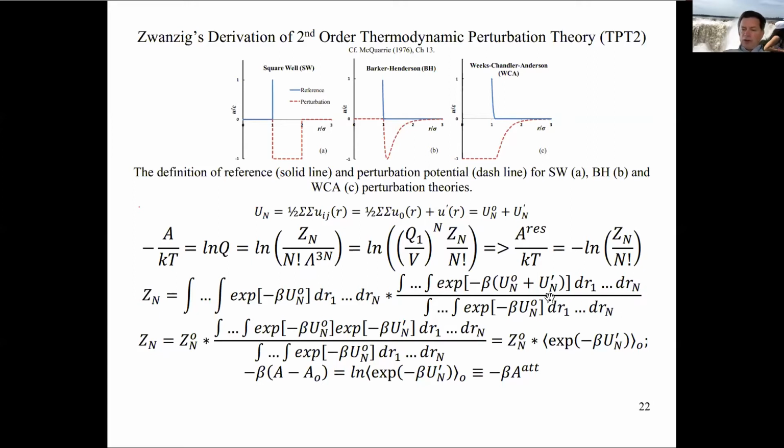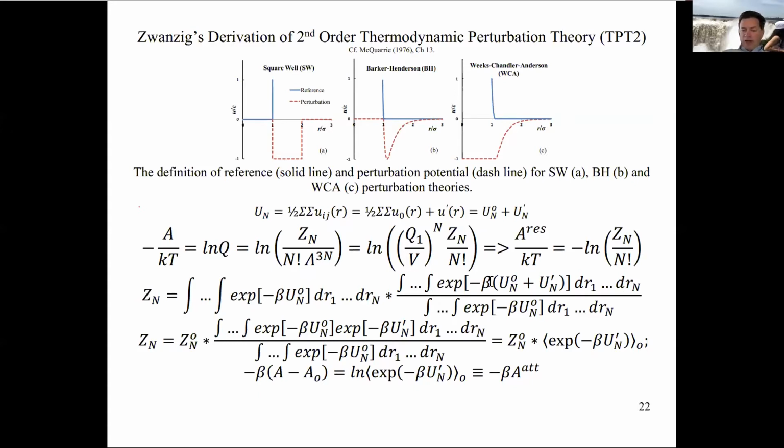And so it's basically adding up all of the realizations of these energetics, according to this Boltzmann weight. So really all we're doing is we're adding up all the Boltzmann weight factors.